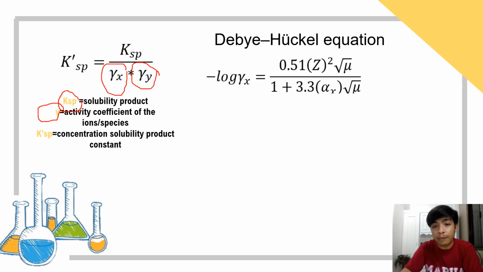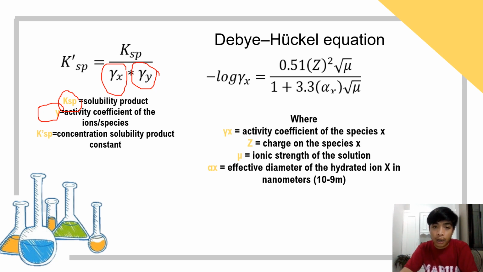It is negative logarithm of the activity coefficient equals 0.51 times the square of the charge multiplied by the square root of the ionic strength all over 1 plus 3.3 times the effective diameter multiplied again by the square root of the ionic strength, where the gamma x is the activity coefficient of the first species or any other ion, and z is the charge of the ion, and mu is the ionic strength of the solution, and alpha x is the effective diameter of the hydrated ion x in nanometers.